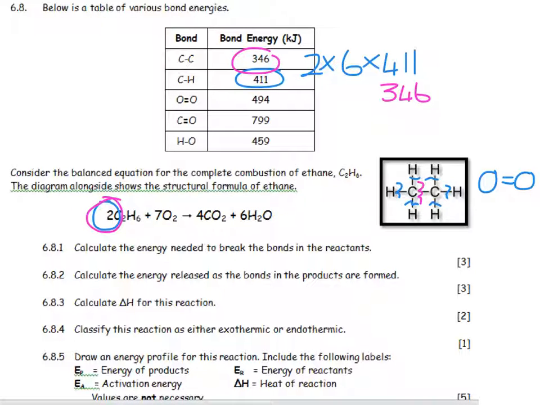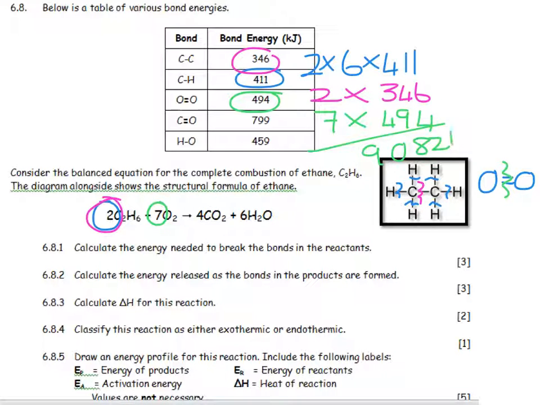But there are 2 of those. And I'm going to have to break 1 O=O bond. So that's going to be 494. But there are 7 of those. And when I do all the multiplying and adding up, I land up with 9082 kilojoules that you need to break the bonds.